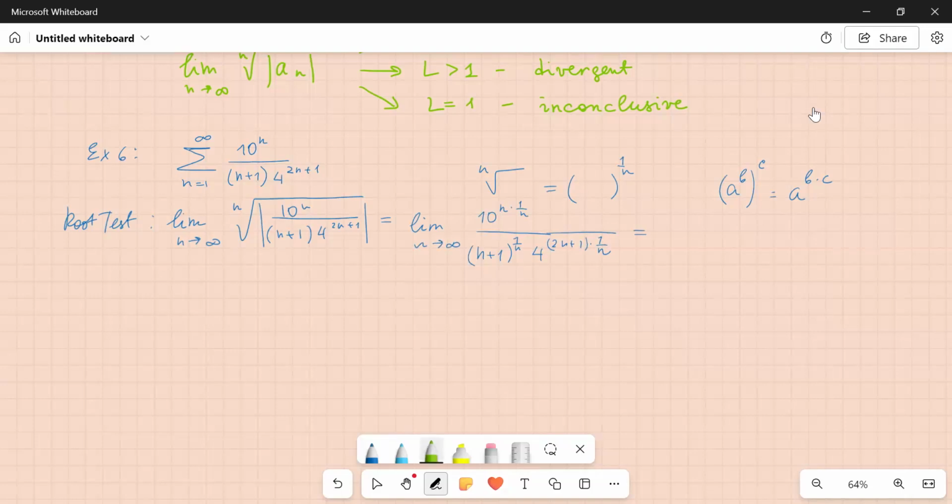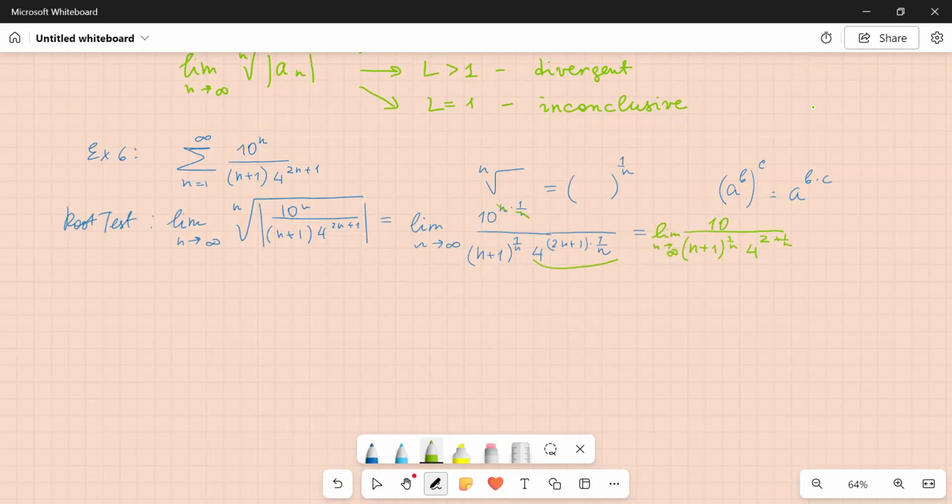Okay, for 10, this and this cancel, so we are just going to have 10, right? For this one, nothing is going to cancel, we're just going to copy it. And for this one, if you simplify it, you are going to have 4 to the power of, if you divide by n over here, 2 plus 1 over n. Limit as n approaches infinity.